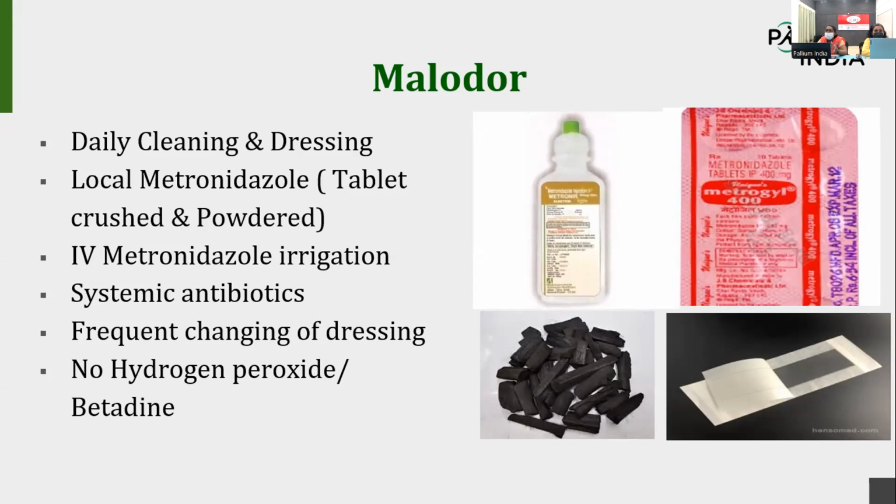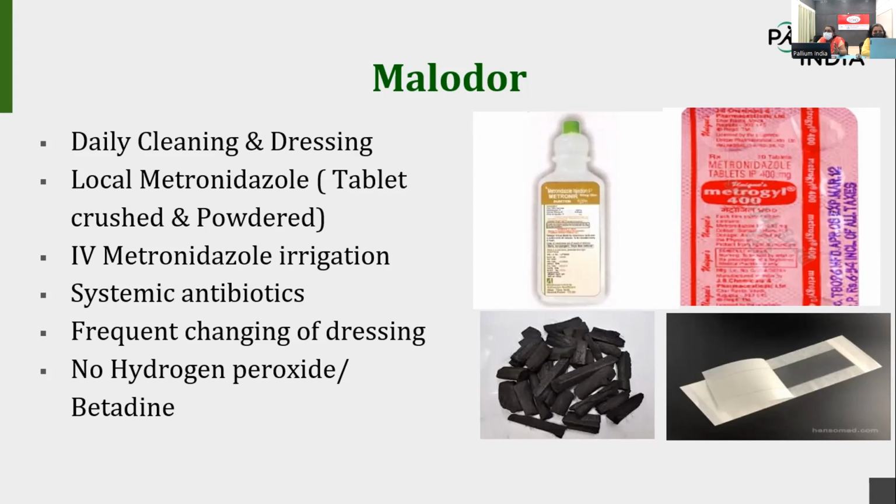Frequency of changing dressings depends on the wound size and the exudate level. If the patient has a lot of exudate, you can advise the patient to use a number of pearls. As the number of pearls increases, we can reduce the frequency of changing the dressings. Here also, no hydrogen peroxide and no betadine.